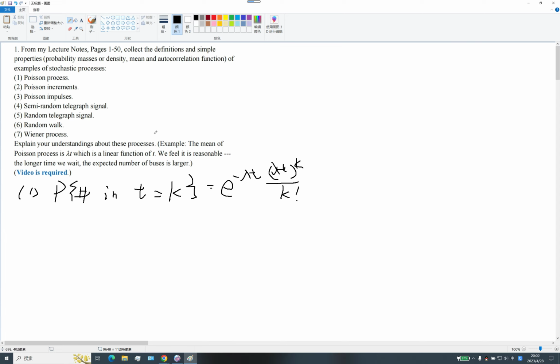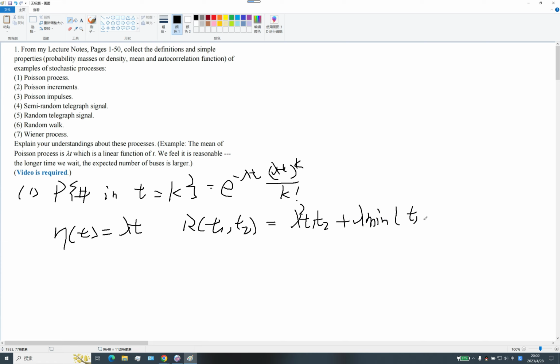And it has some properties. The expectation, which is η(t), equals λt, and the autocorrelation, R(t1, t2), equals λ² t1 t2 plus λ times the minimum of t1 and t2.